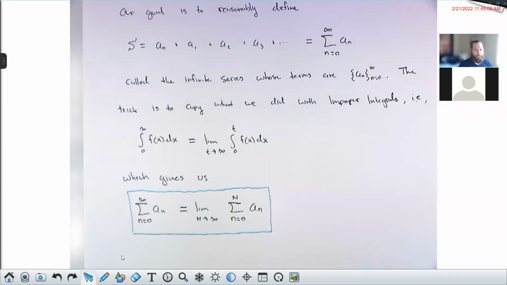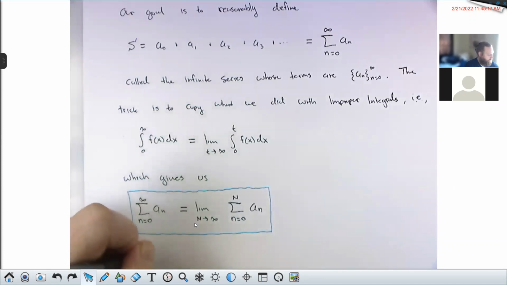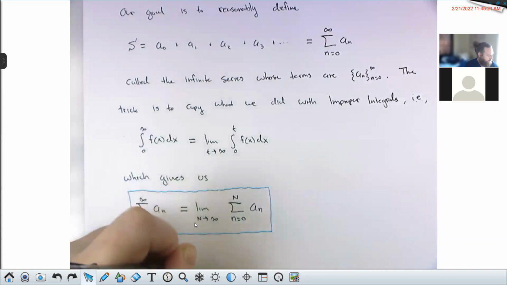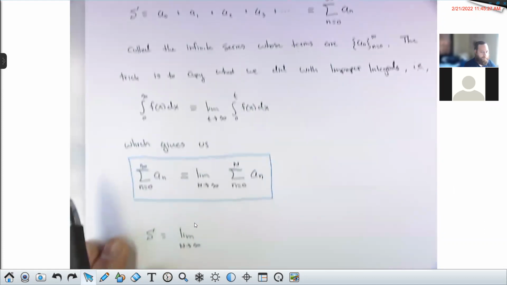And now earlier I called the thing on the left S. So we could also have just written S equals limit capital N goes to infinity. But then I want a name for this thing.